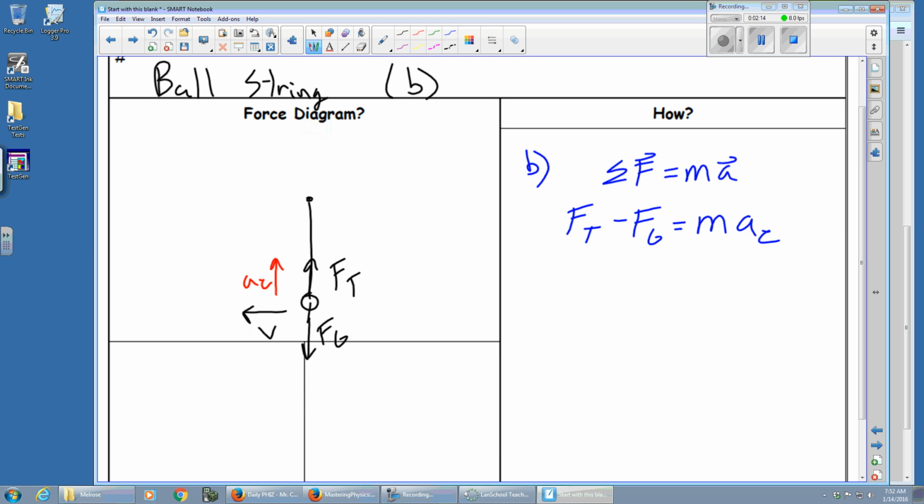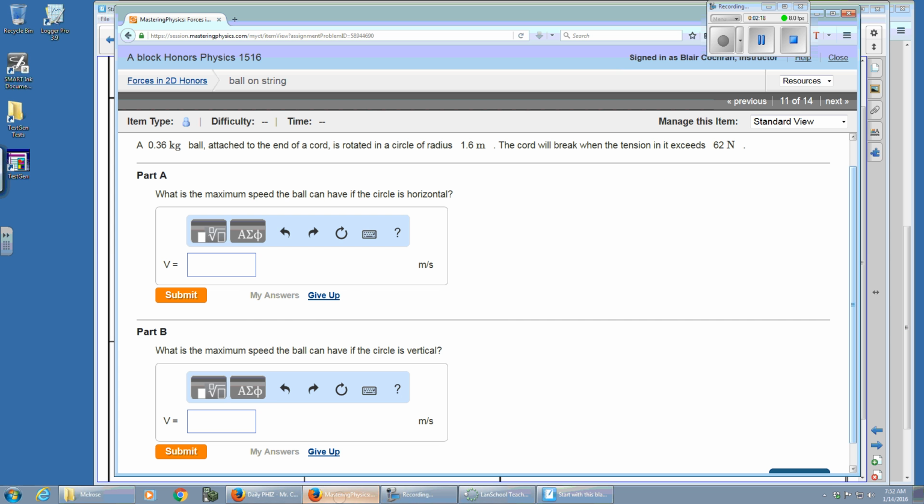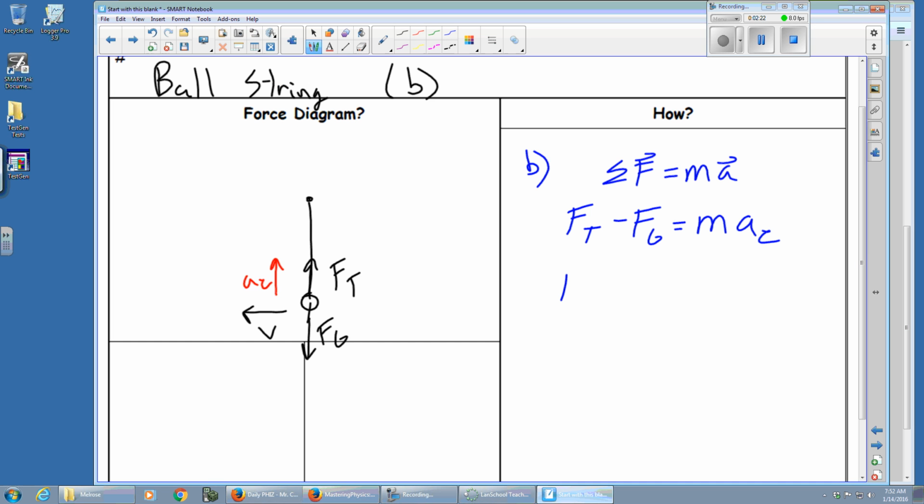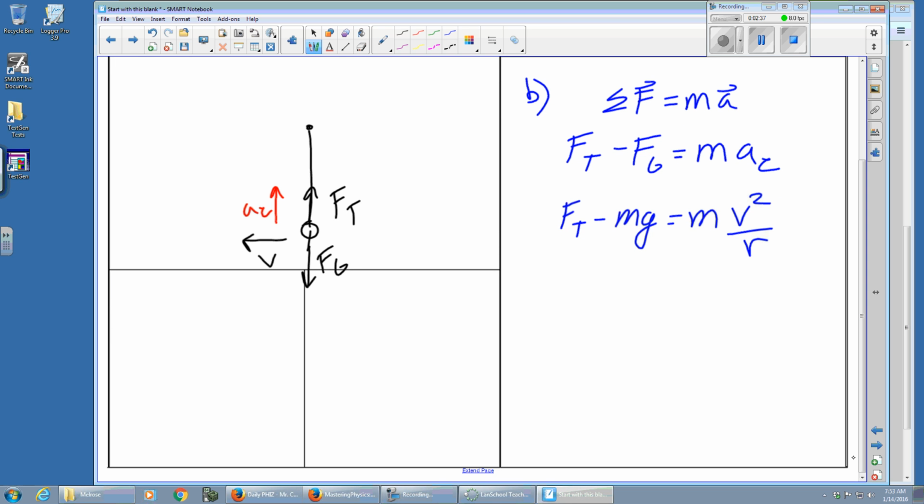And so I'm looking for the maximum speed, right? So I'm going to substitute in the main things I know. And since that's a centripetal acceleration, I can replace it with v squared over r from our equation sheet.